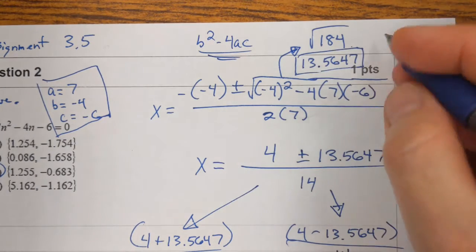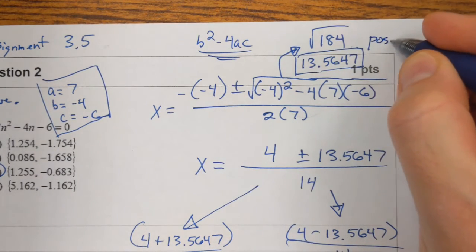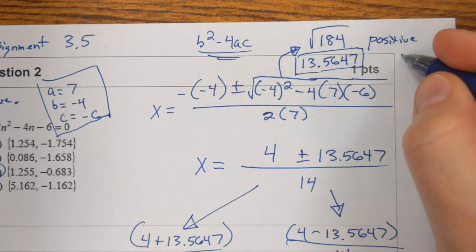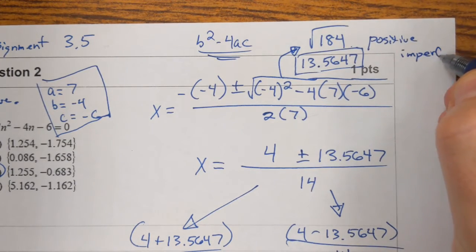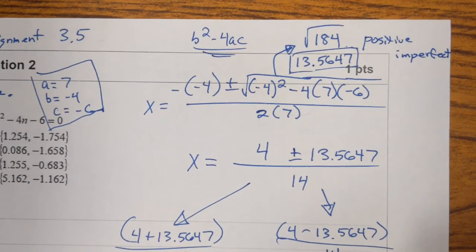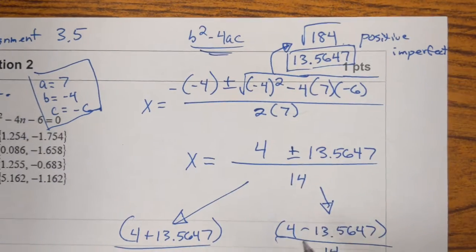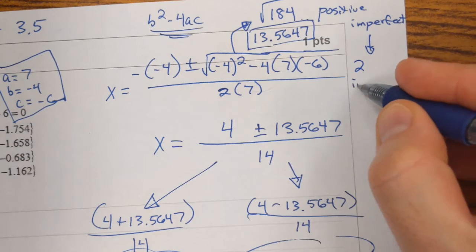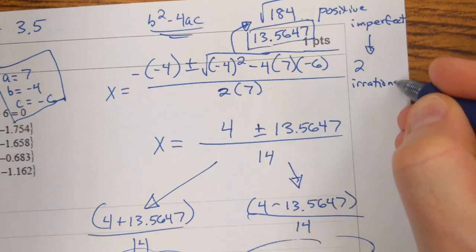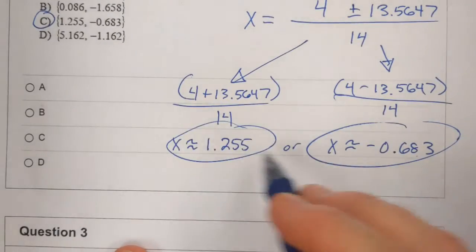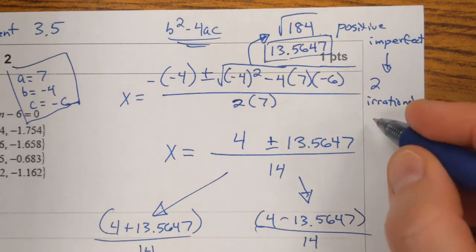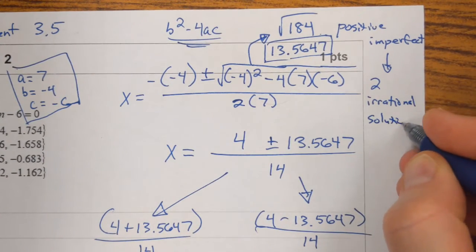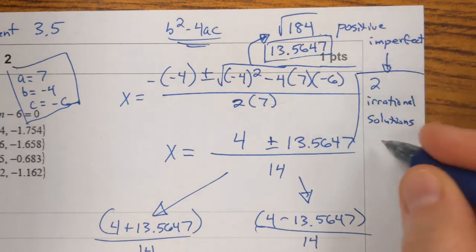If your discriminant is a positive but imperfect number, like a positive 184, then you will always get 2. This is what will always make your answers irrational. And it will make it so that both of your answers are irrational. You'll get 2 irrational solutions if this ever happens.